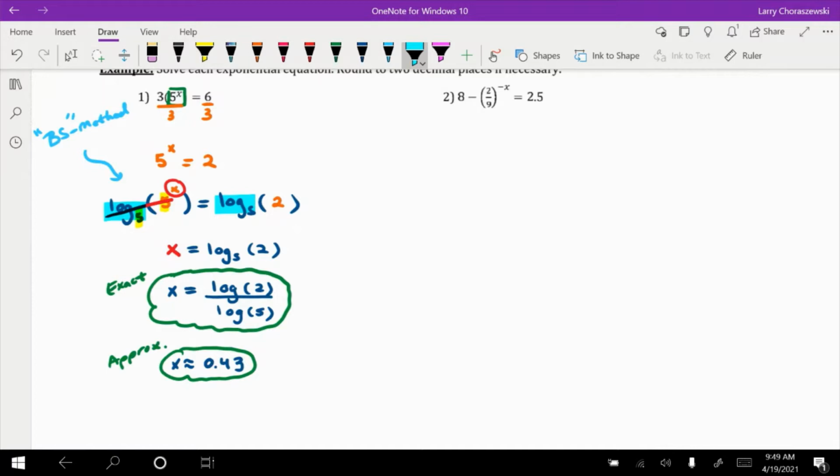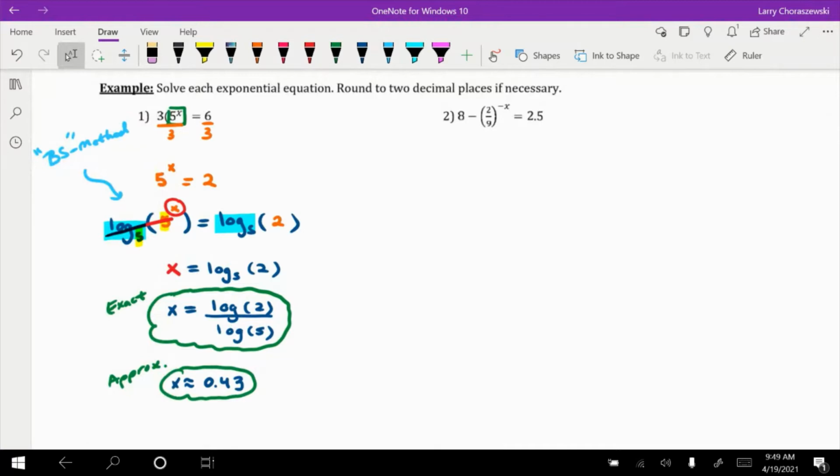For problem 2, I'm going to show you the log loop method. But if you look at how the equation is set up for us, the exponential expression is nowhere near being isolated. To start isolating it, let's subtract 8 from each side. That'll give us negative 2/9 to the negative x equals negative 5.5. Our exponential expression is not isolated just yet, but if we do something to each side, we'll get it isolated.